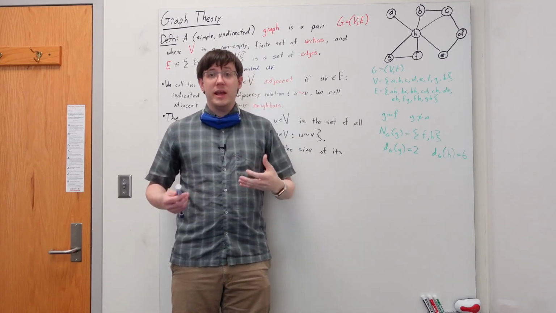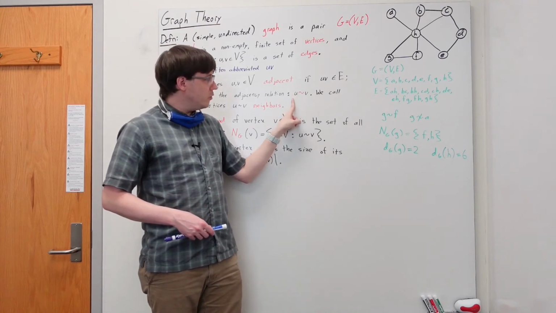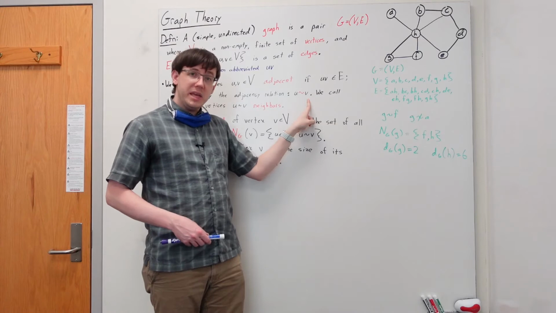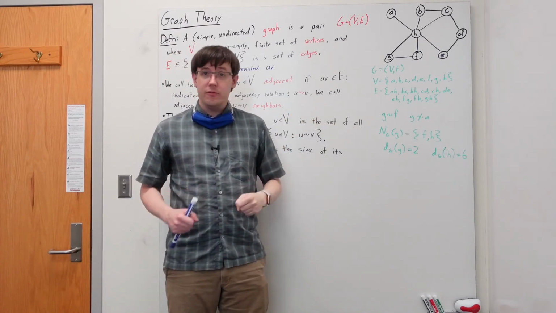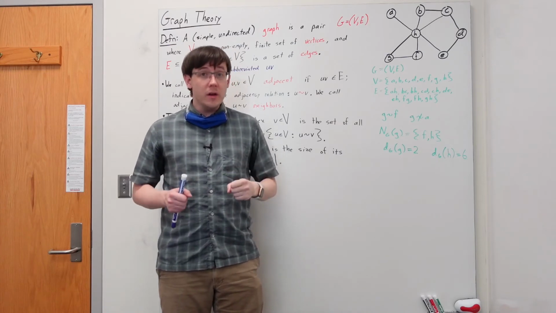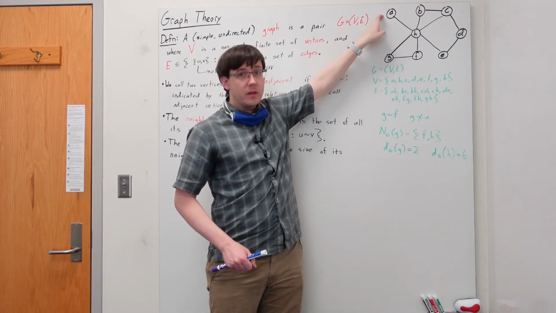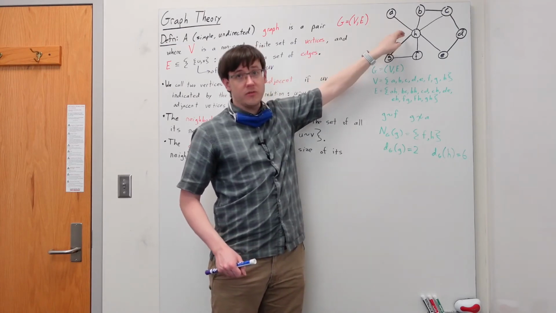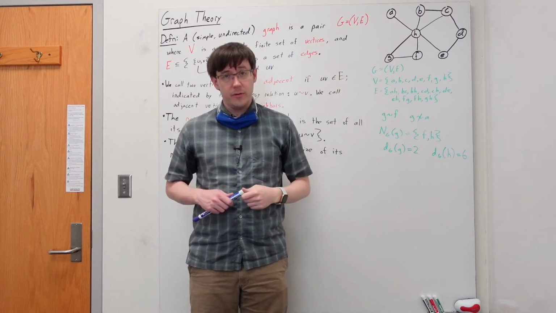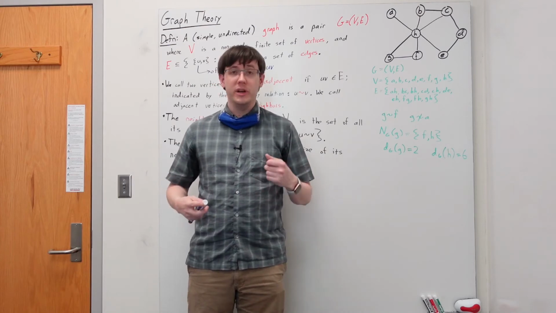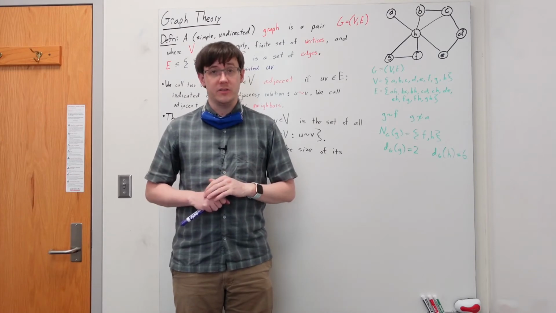And that would mean that in a directed graph, it is not necessarily the case that U being adjacent to V means that V is adjacent to U. Likewise, in an undirected graph, the sort that we will be focusing on, we know that if H is in the neighborhood of A, then A is also in the neighborhood of H. But that would not necessarily be true in a directed graph. And so in a directed graph, we would need to define the neighborhood and the degree of a vertex differently.